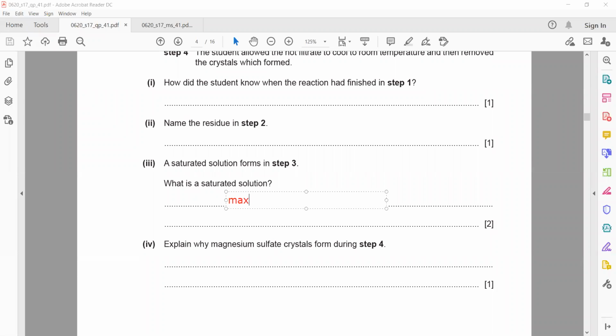So maximum amount of solute in solvent, or no more solute can dissolve.